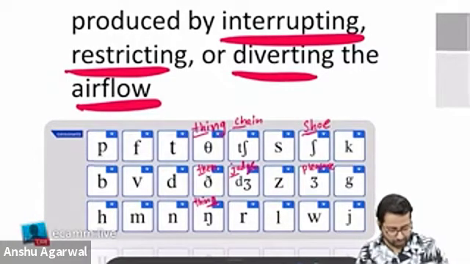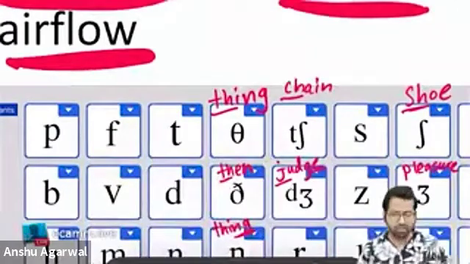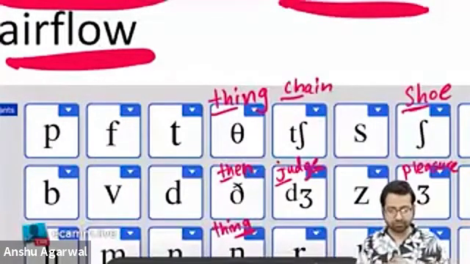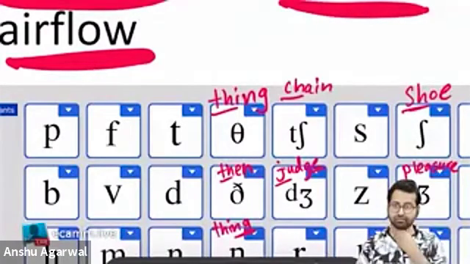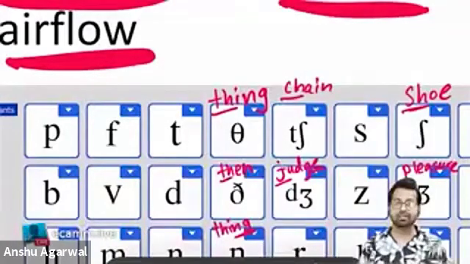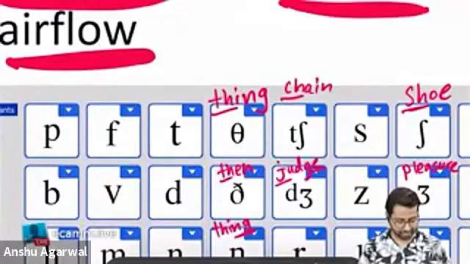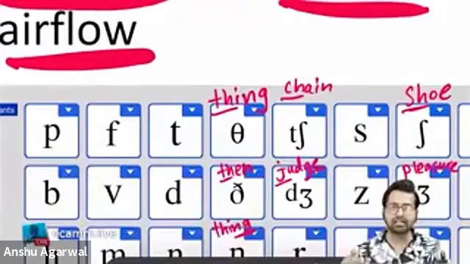So let's look at the set of sounds. Now this is a test that you have to do. Do it right now, okay? Put your hand on your throat, okay? And produce these sounds. The first sound you can look at, the first one here, is the p sound. So don't make the sound, just make the first sound.